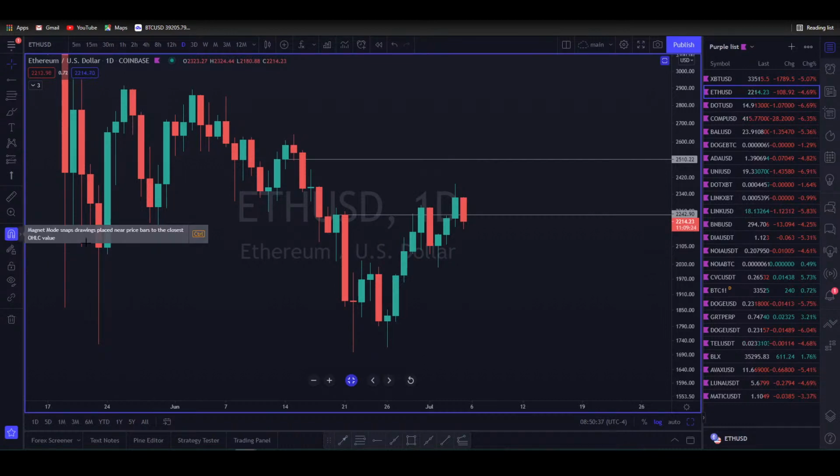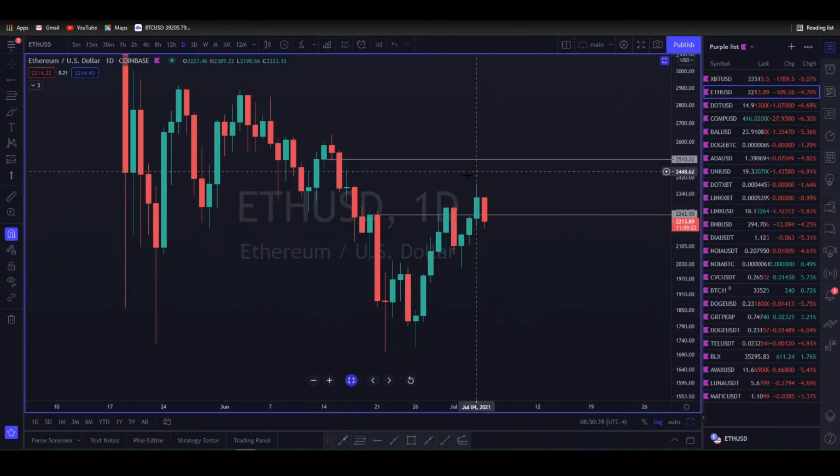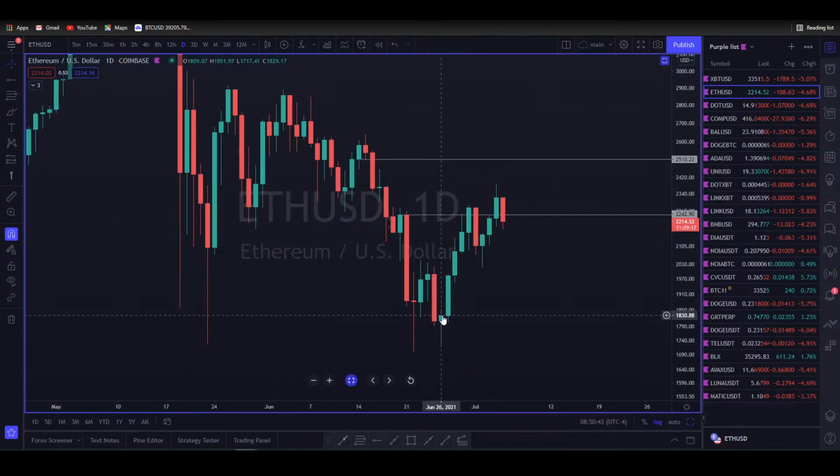It looks a little better than Bitcoin, but it's still just another lower high. So sellers are still in control of this asset as well. This is bad, right? You got massive closes below support here, here, then another one here. This was just a dead cat bounce until you get above this swing high.